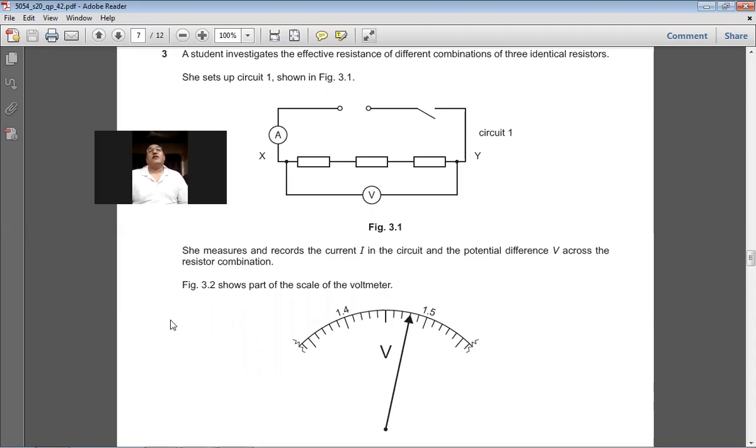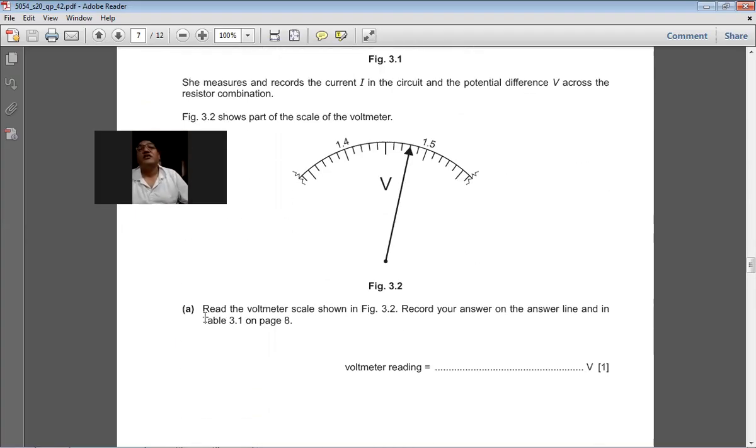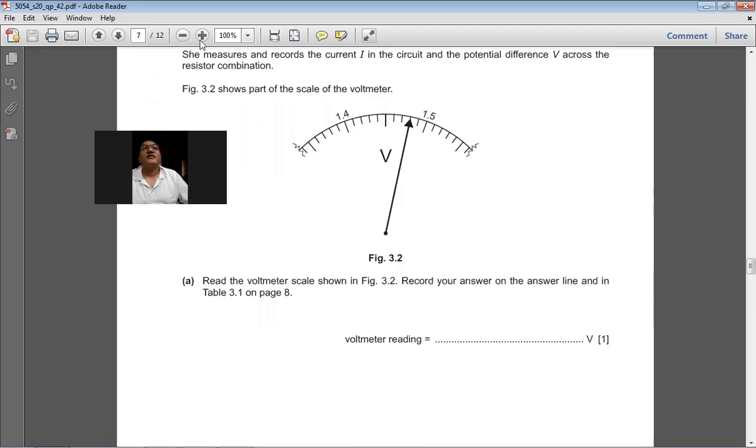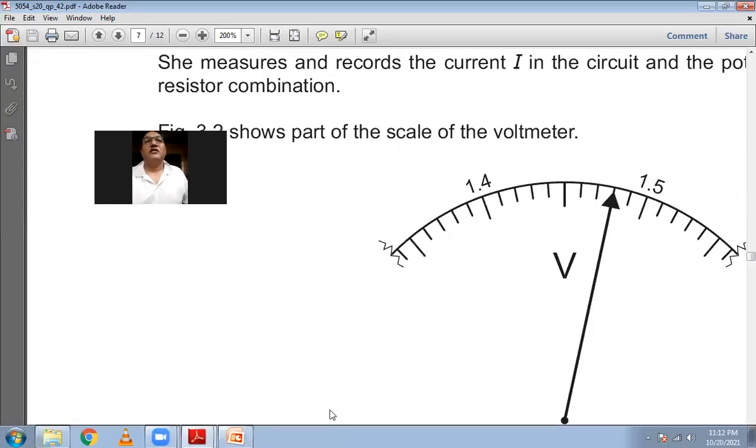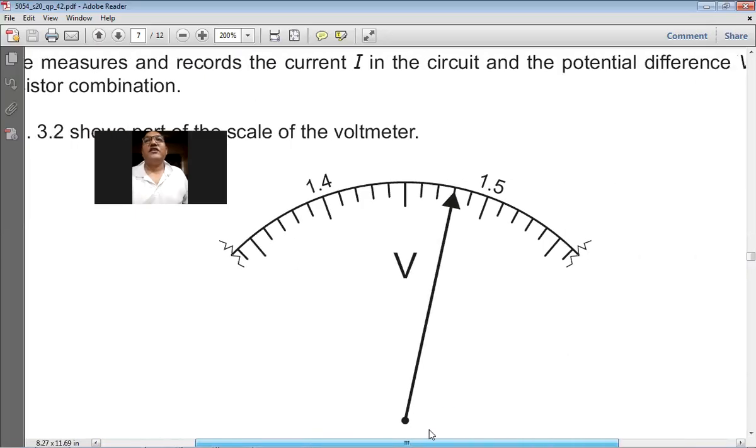She measures and records the current I in the circuit and the potential difference V across the resistor combination. Figure 3.2 shows part of the scale of the voltmeter. Read the voltmeter scale shown in figure 3.2. Record your answer on the answer line and in table 3.1 on page number 8. Let's check the reading on the voltmeter.